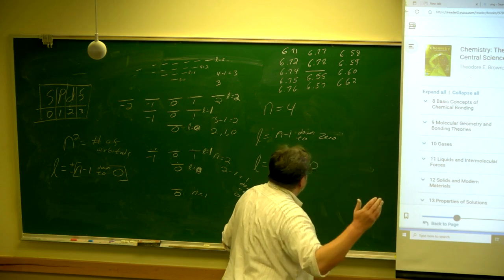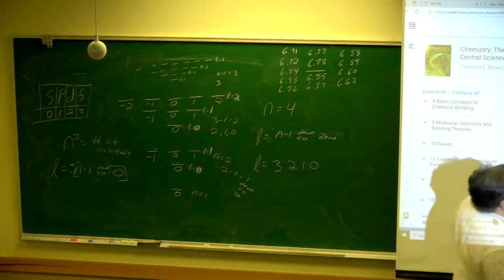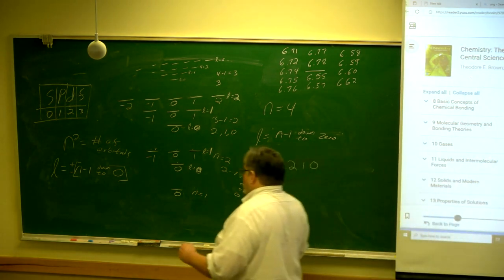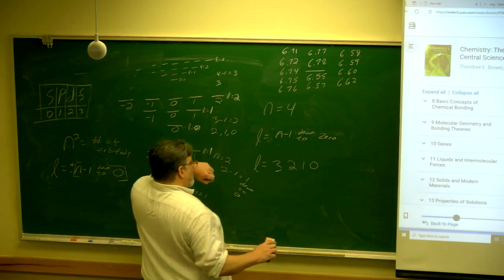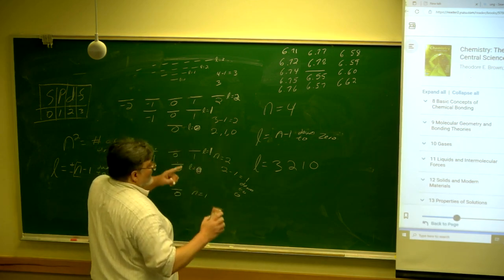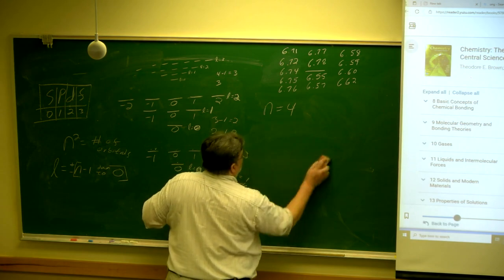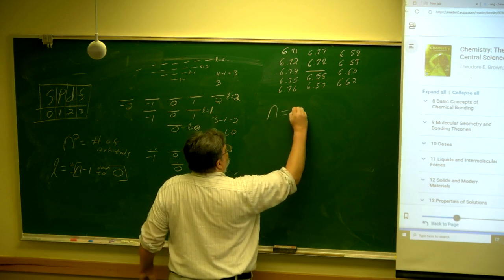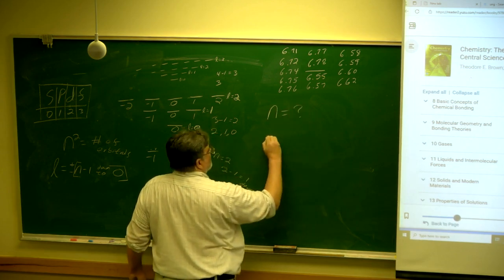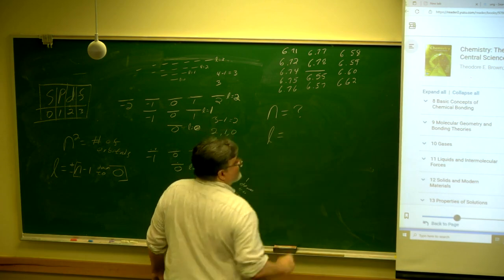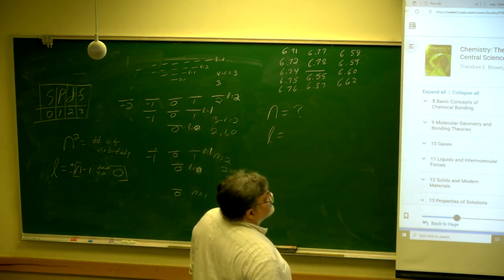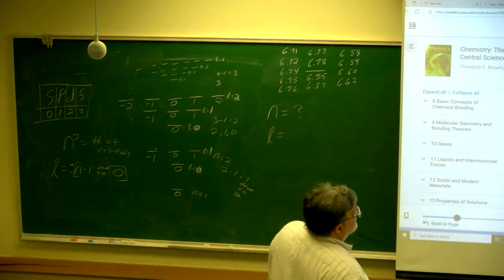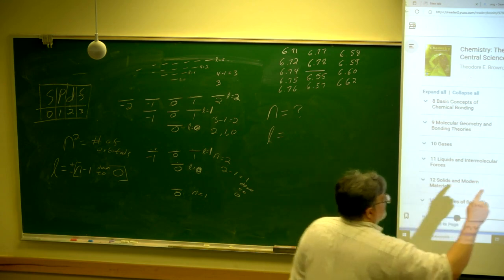But the other one says, if you have an L value of 2, what are the possible values of ML? So it's not giving us this. It's giving us this. L equals 2. Right? Yes, right here.